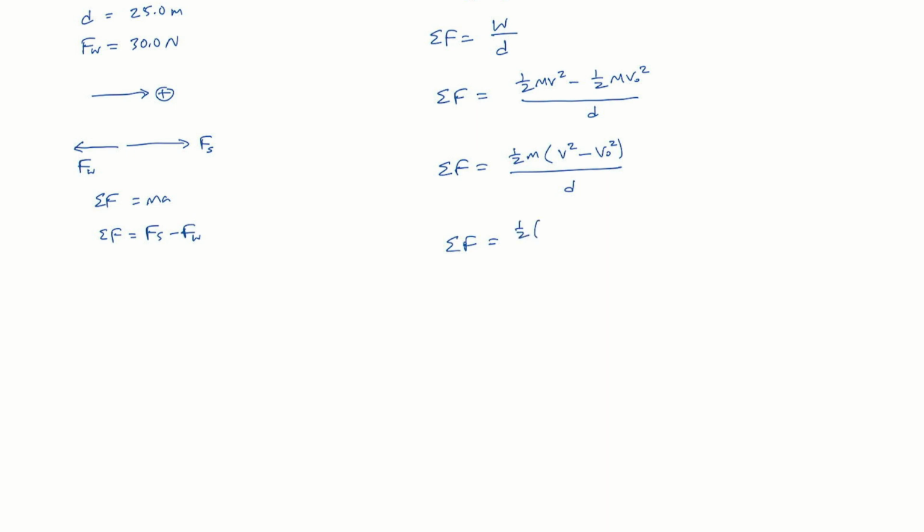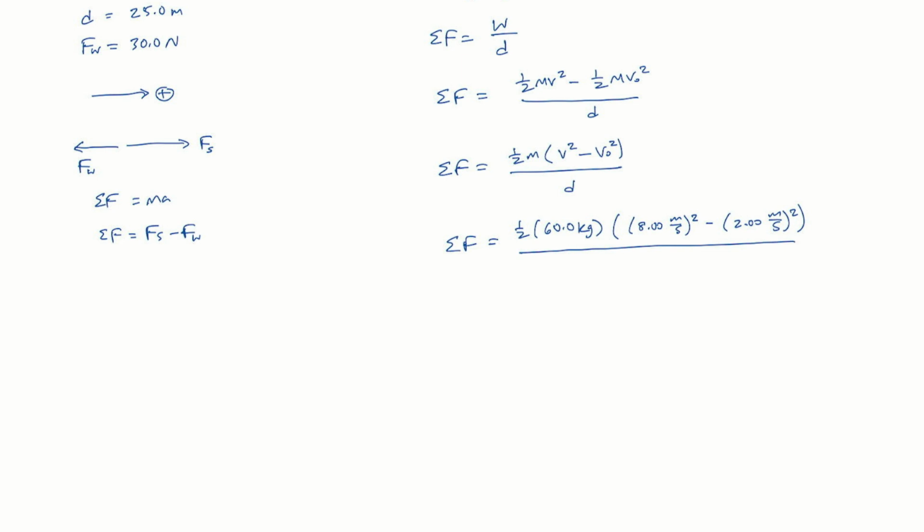So we've got 1/2 of m. m is 60 kilograms. And then we're going to multiply by, in parentheses, the final velocity, so 8 meters per second squared, minus initial velocity, 2.00 meters per second squared.